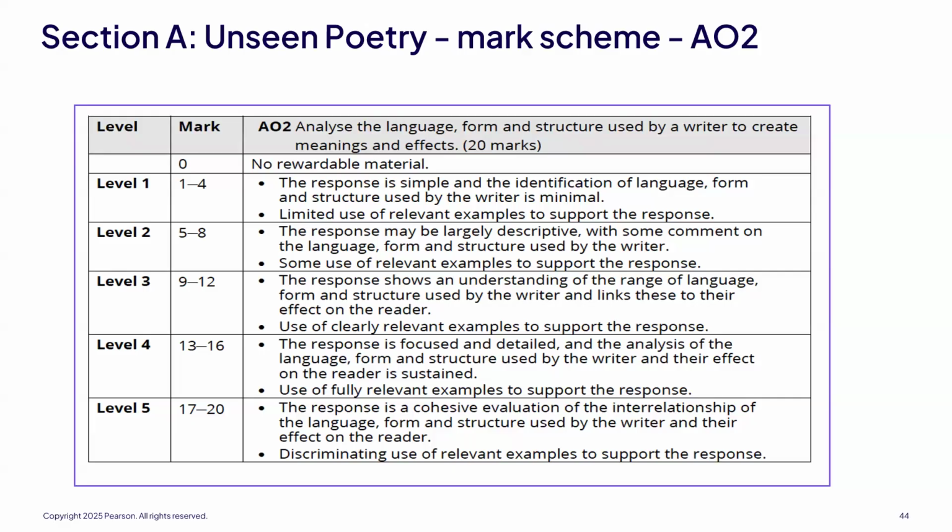In level 4, focused and detailed, and that's the first place we see analysis of language, form and structure. And in level 5, we've got cohesive evaluation, the student who can interrelate language, form and structure, how the poets use that to create meaning and the effect on the reader.